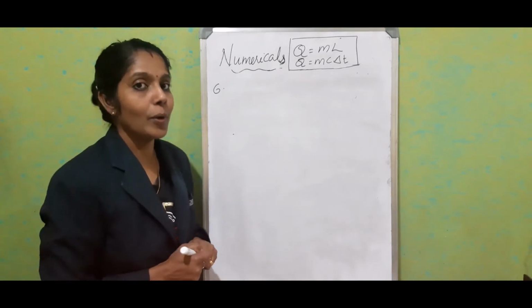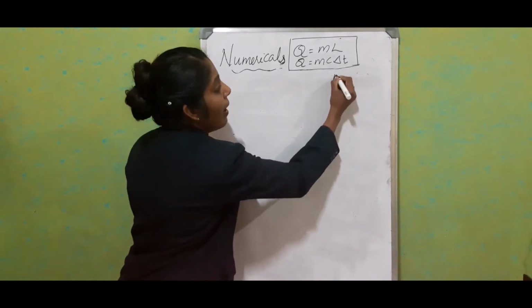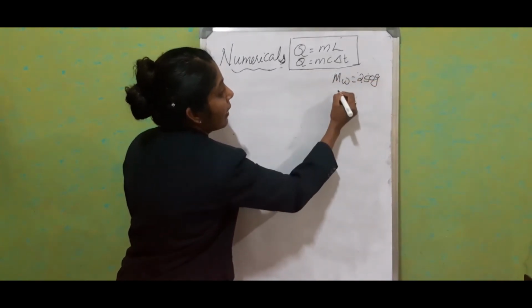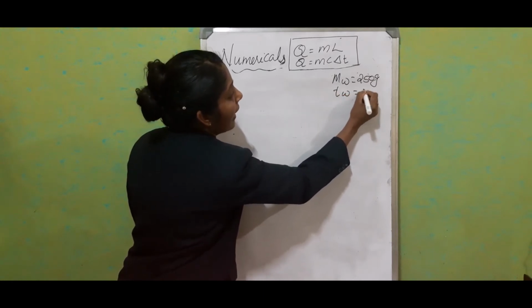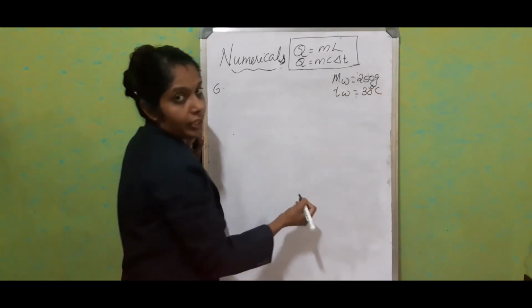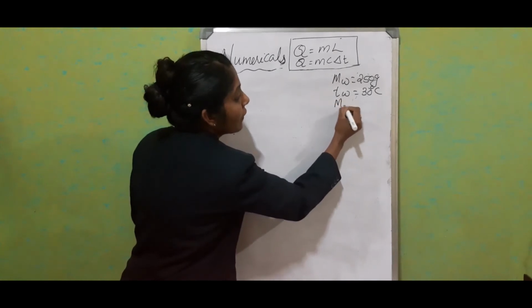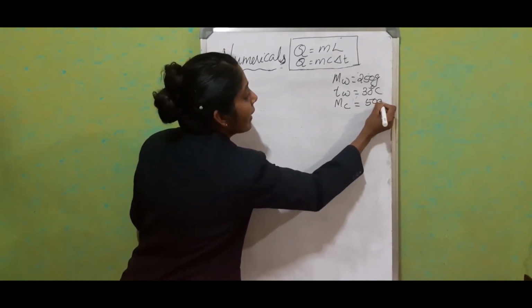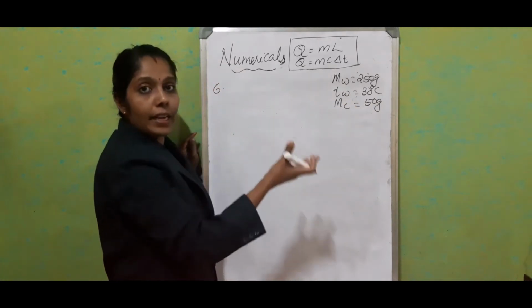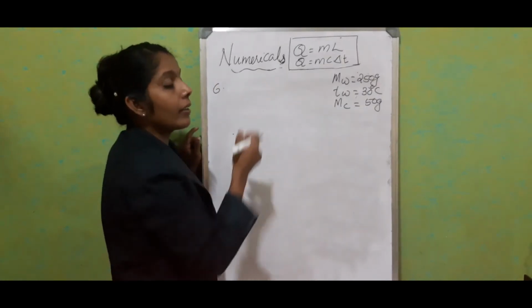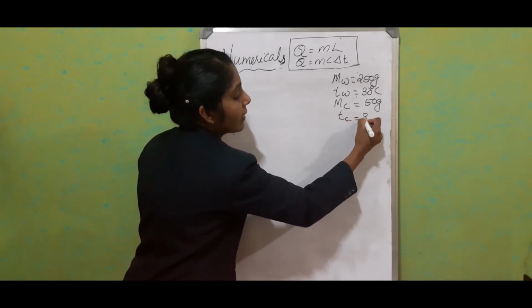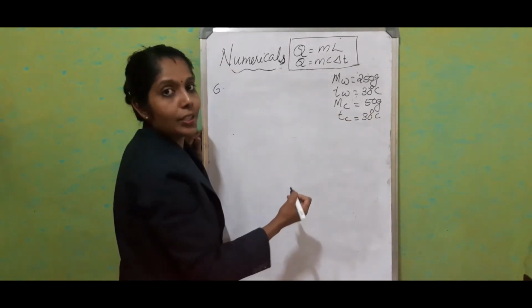Let's do the problem. We have mass of water 250 gram, and the temperature of water is 30 degrees Celsius. The mass of the copper vessel is given as 50 gram. Since we have taken the water at 30 degrees Celsius, the temperature of the copper vessel can also be considered as 30 degrees Celsius.